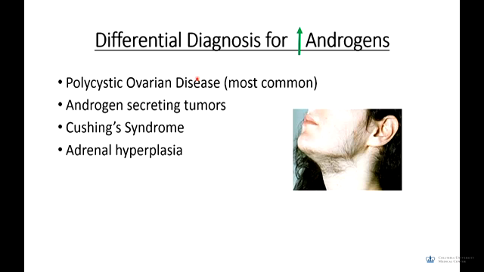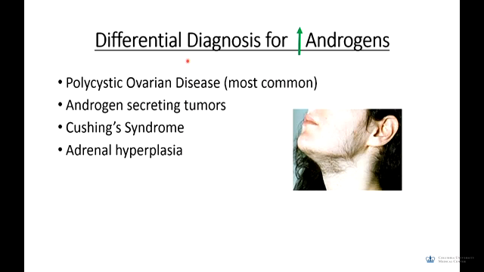So the first is irregular menses, and PCOS is a diagnosis of exclusion. So if the patient has irregular menses, increased androgens, or polycystic ovaries, then that's a pretty good sign that they have PCOS, but then you have to work through your whole differential. And basically, what to remember about PCOS is the ratio of LH to FSH.